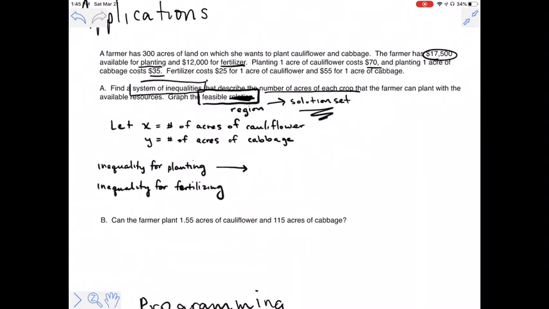So $70 per acre of cauliflower, and the acres of cauliflower I've said is X, so it costs $70 per acre of cauliflower and $35 per acre of cabbage, and this farmer only has $17,500. So adding those two values together has to be less than or equal to $17,500.